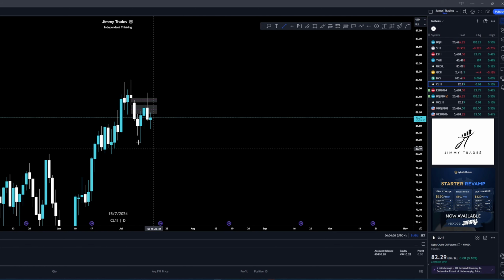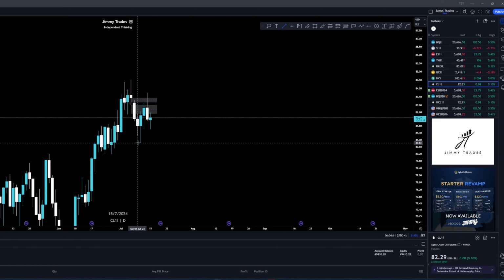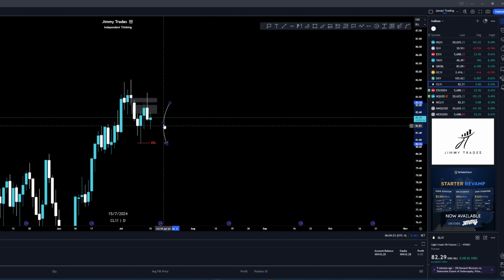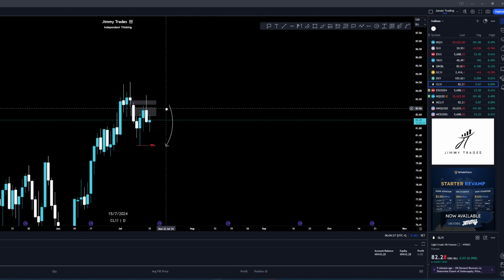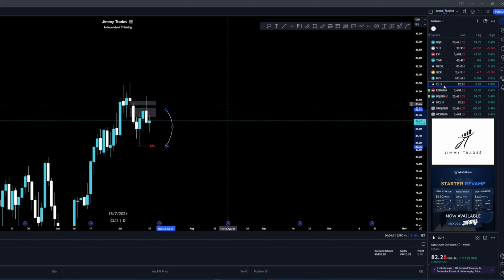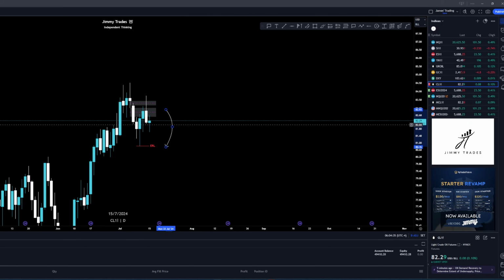I'm looking for price to sweep or target this external level here. All right. So bearish daily bias on oil. Let's jump down to the hourly.